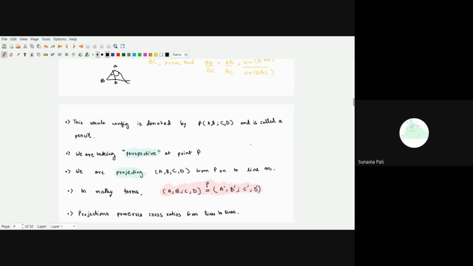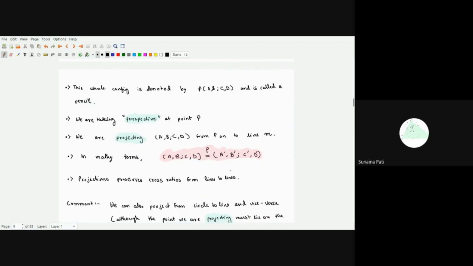So in math terms, just remember this, it's the foundation of projective geometry.